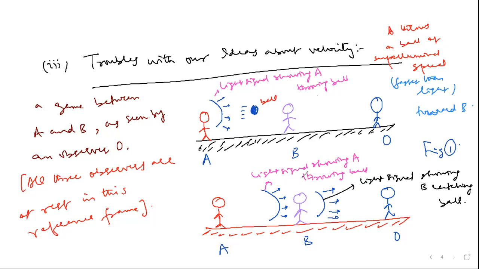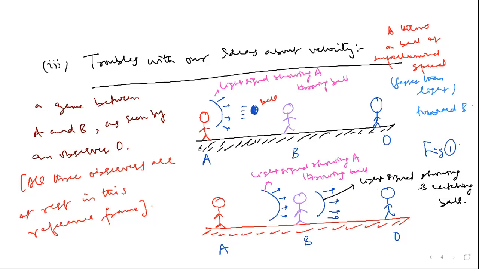And that light signal will move at the speed of light in forward direction towards B as well as towards O. I'm showing light signal showing A throwing ball. Now when B catches the ball, there will be another light signal showing B catching ball, right?